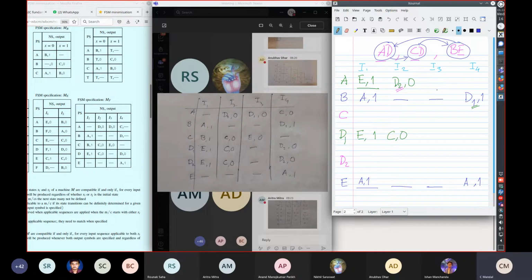And let us see I3. On I3, A is going to D1, with an output of 0, and this is don't care.